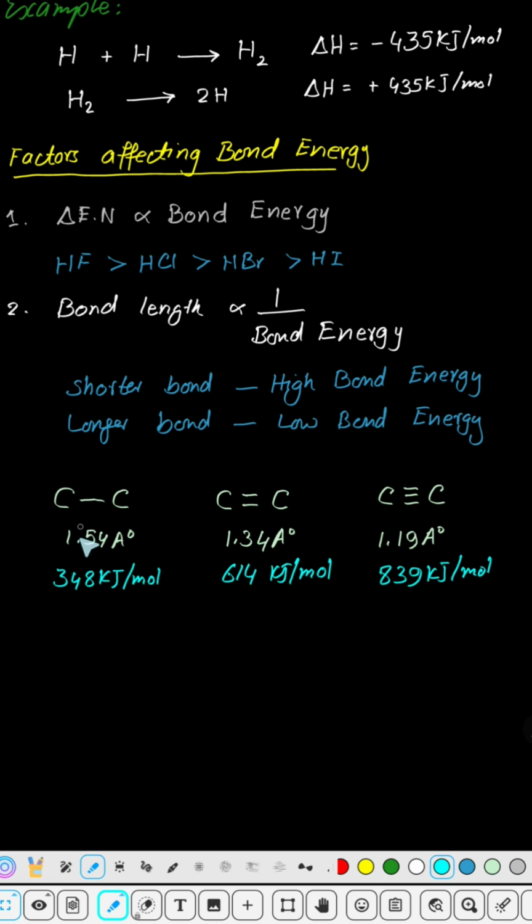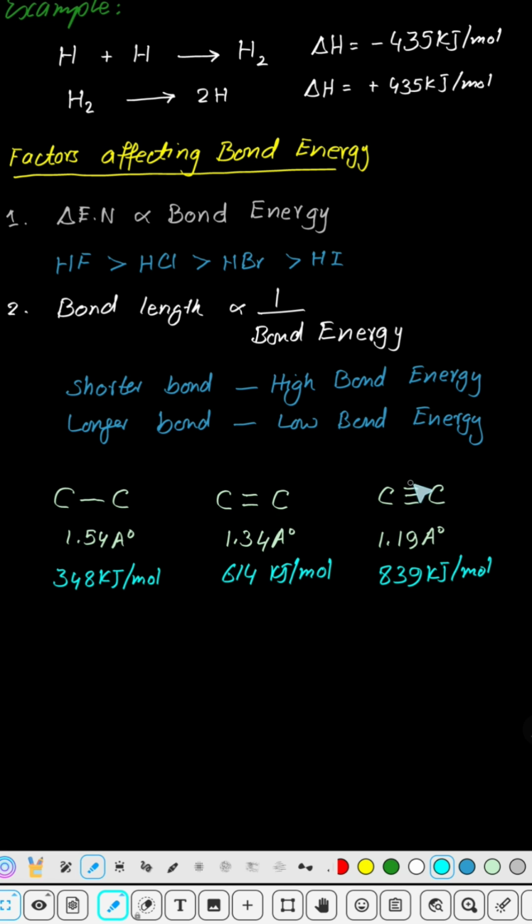Their lengths are: carbon single bond is 1.54 angstrom, carbon double bond is 1.34 angstrom, and carbon triple bond is 1.19 angstrom. Now look at their bond energy. If you want to break carbon-carbon single bond, you need 348 kilojoule per mole energy, while in double bond this amount increases to 614 kilojoule, and in triple bond it further increases up to 839 kilojoule per mole.